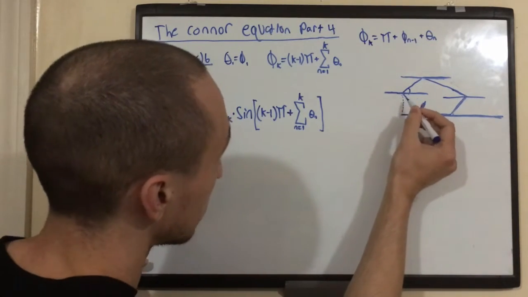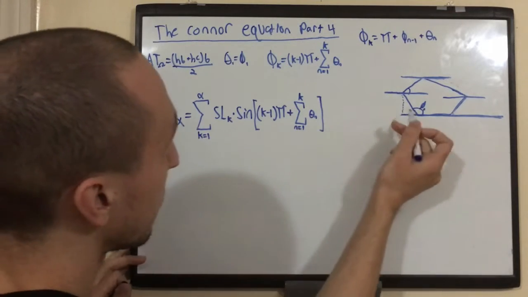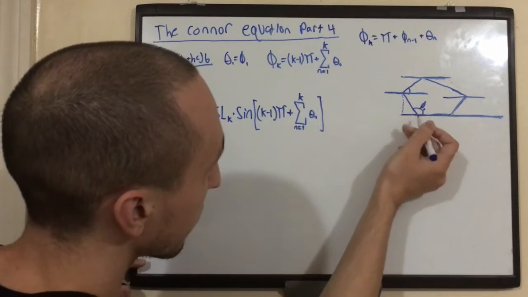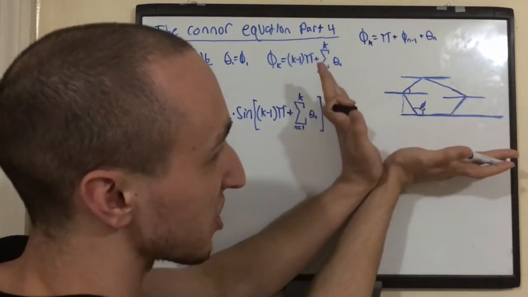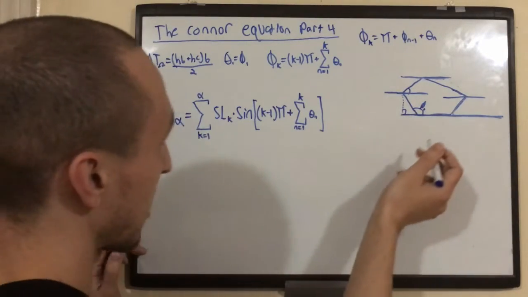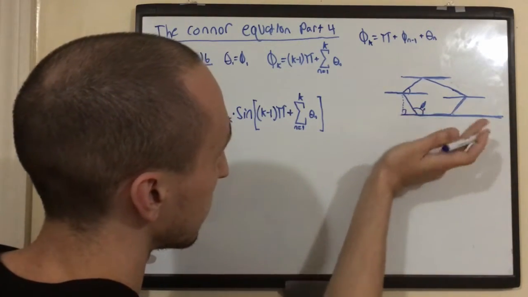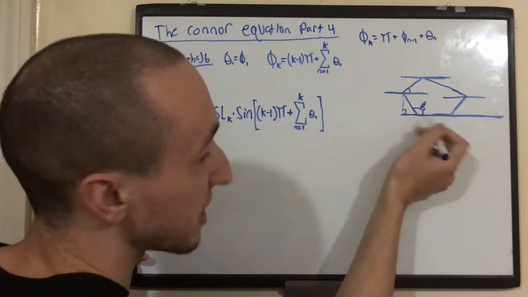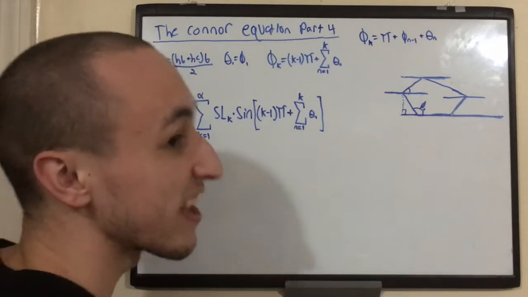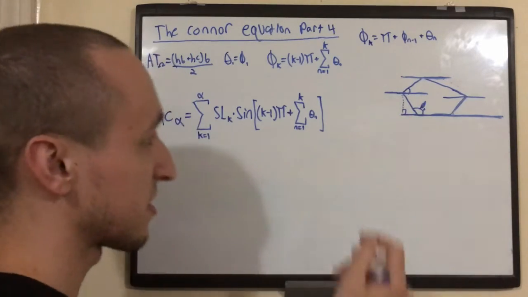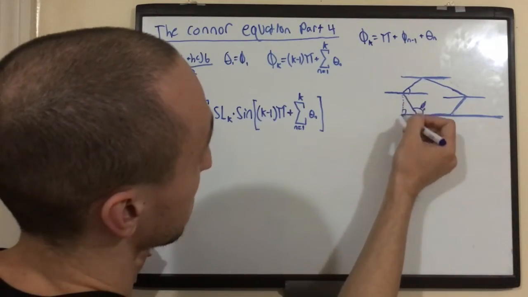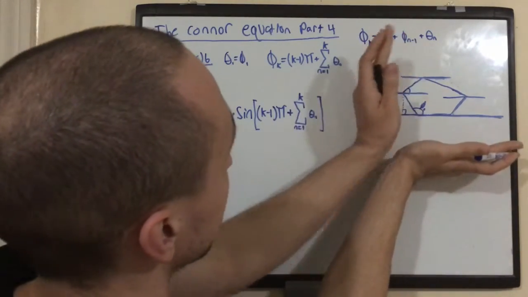So what this is doing is getting this height, which will be perpendicular, a right angle, because that's how sine works. It's the angle relative to the positive x-axis.